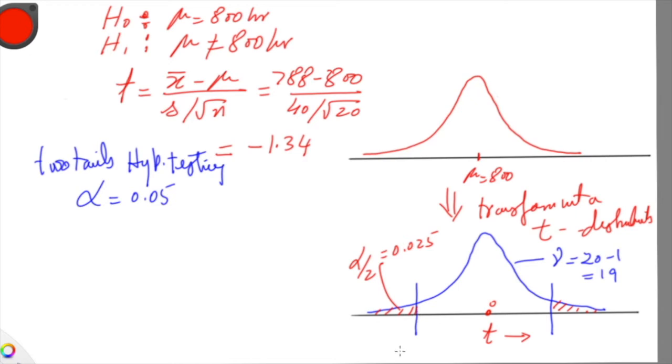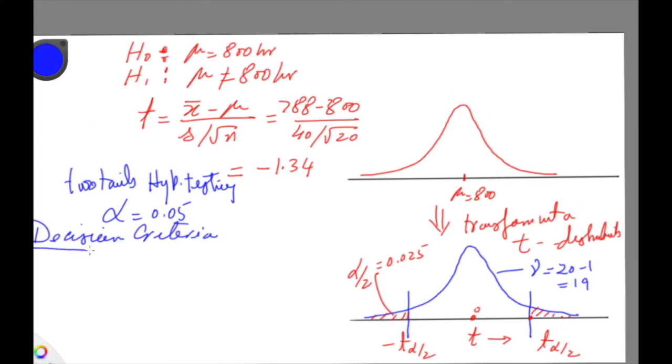So now this point will be called minus T alpha by 2 and this point will be called T alpha by 2. So in decision criteria, there are two ways. One is based on T value and the other is based on p-value.